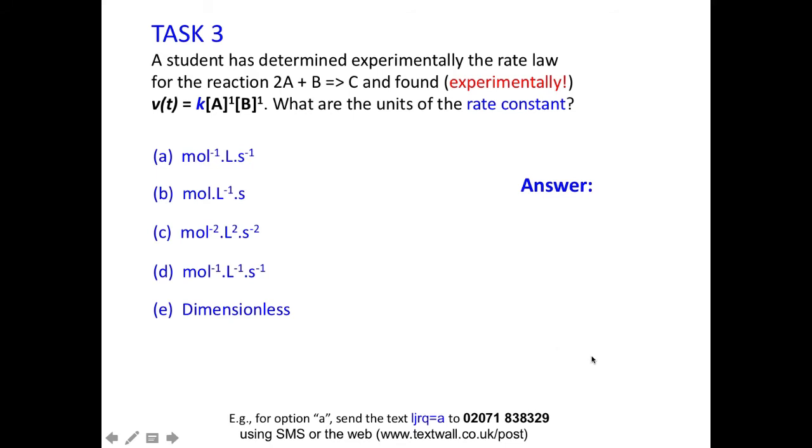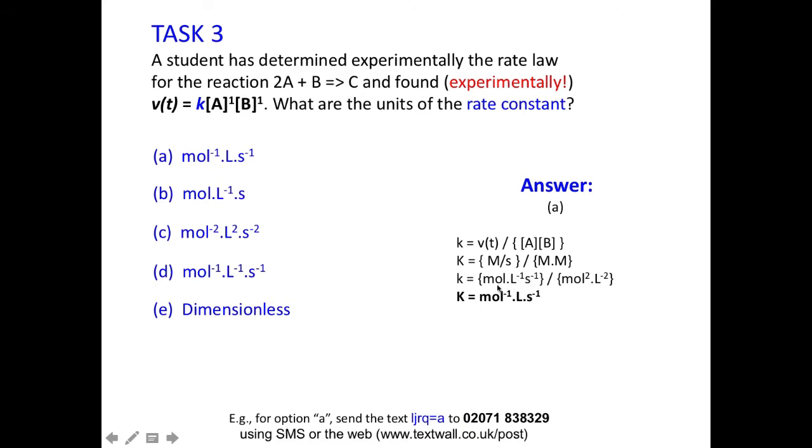And the answer is A. Because if you isolate k from this equation, you see that k equals Vt divided by the concentration of A multiplied by B, because the exponents here are 1 and 1. So Vt has units of molar per second, and the concentrations to the power of 1 are molar multiplied by molar.